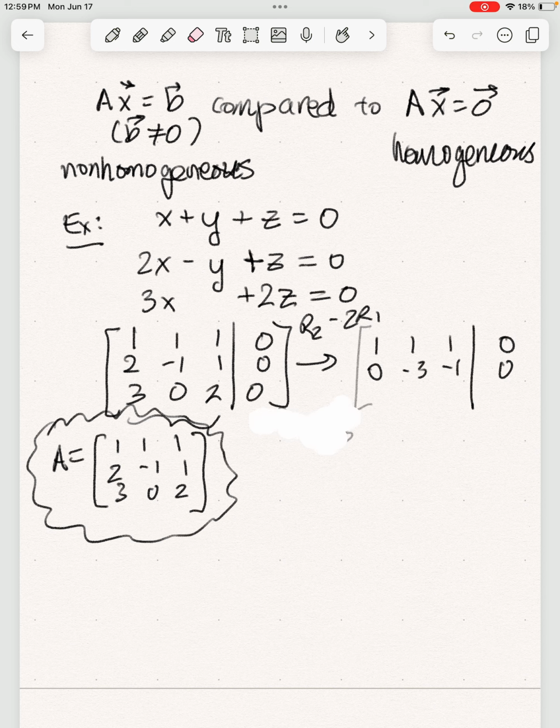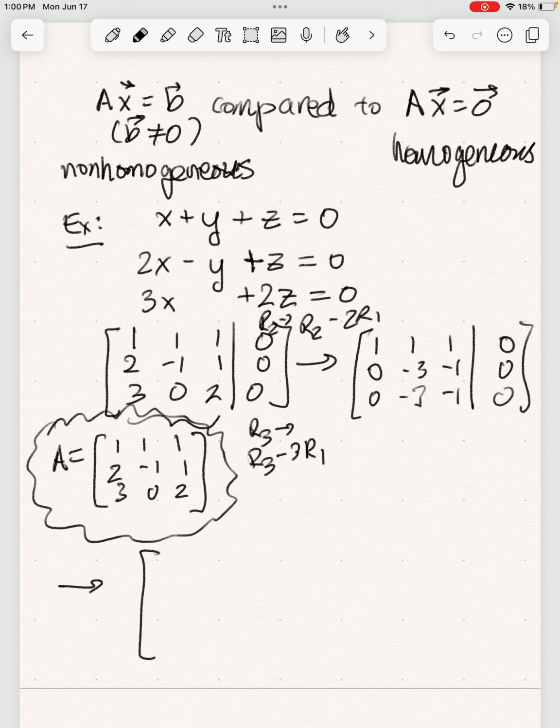So R2 goes to row 2 minus 2 R1, row 3 goes to row 3 minus 3 row 1, and I'm going to get 3 minus 3 is 0, 0 minus 3 is -3, 2 minus 3 is -1. And then I'm going to change row 3 to row 3 plus row 2, right? That's our last step.